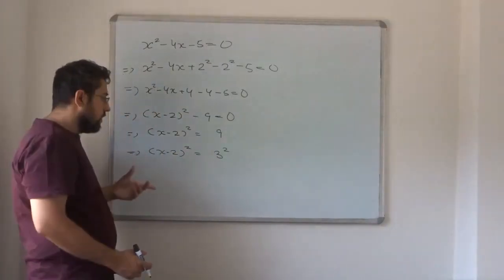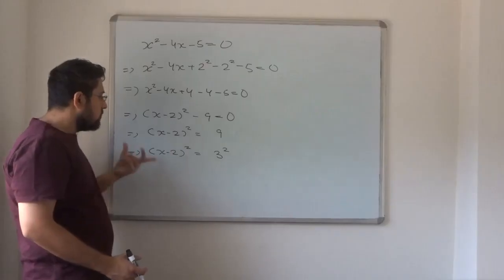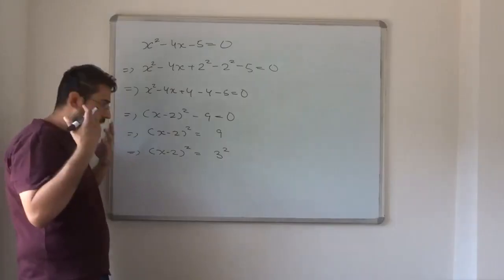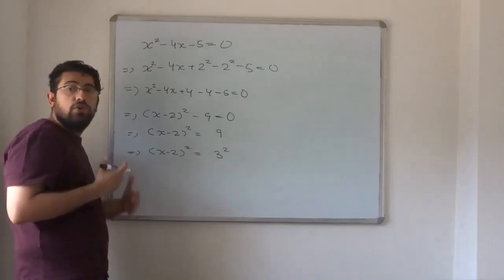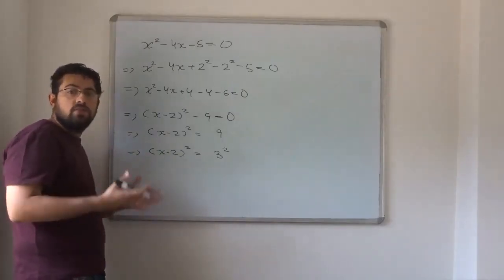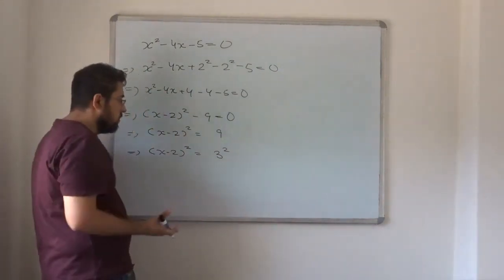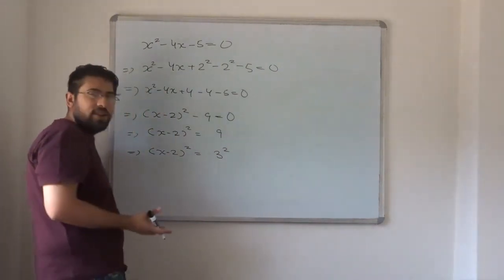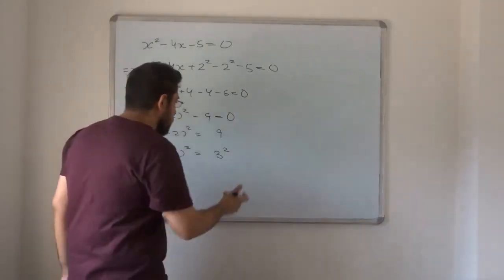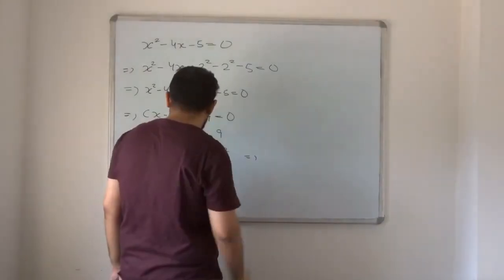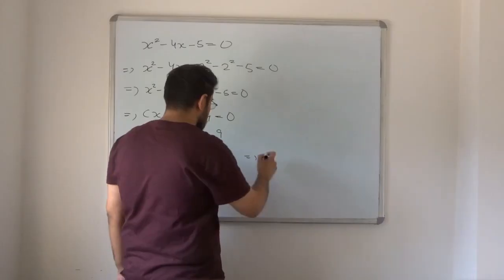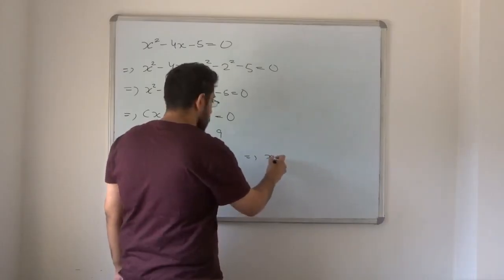Now remember what I told you, that whenever you have a square, you have to cancel out the square. How do you cancel out the square? By taking the square root. In the previous example I was struggling to explain this. I wasn't getting the words that I wanted, but fortunately it's not the case anymore.